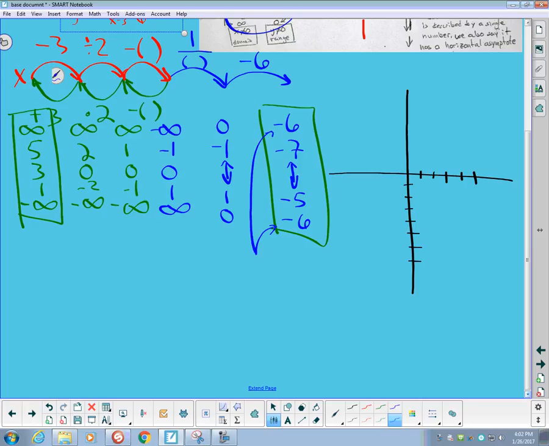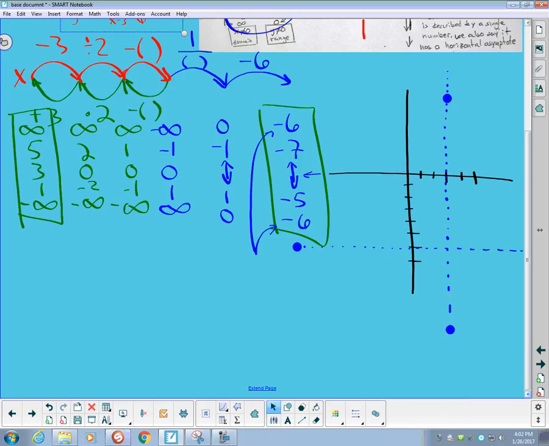So if we come down to negative 6, we're just going to dash a horizontal line across there because that describes what this function is doing at its ends. Our vertical asymptote is at 3, so we'll come over to 3 and sketch in where that vertical asymptote is going to be.